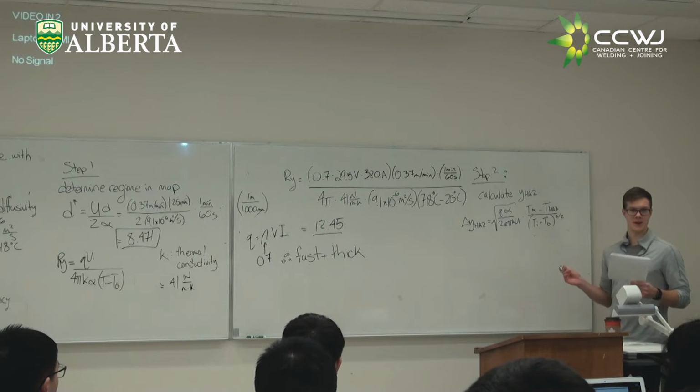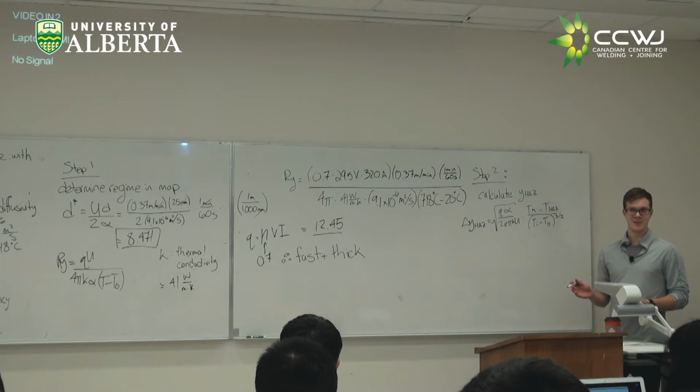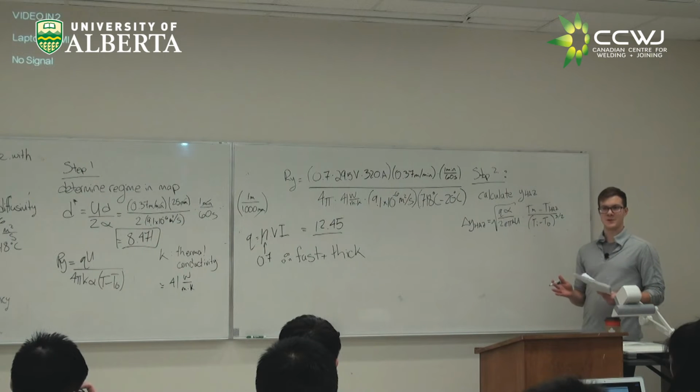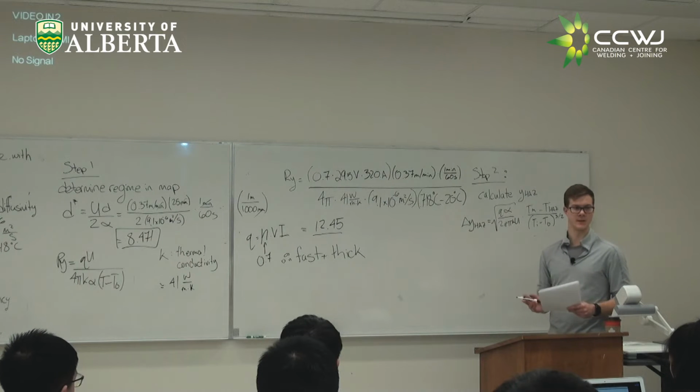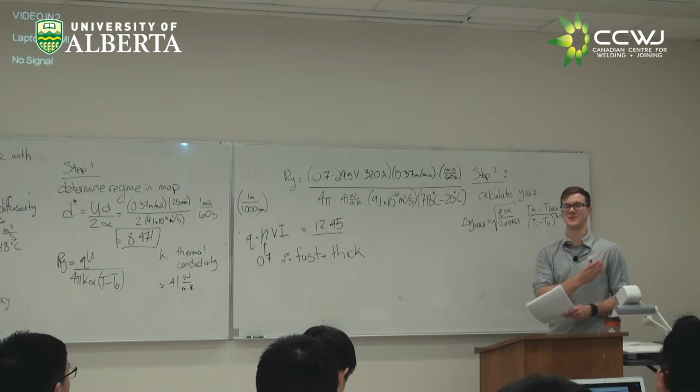Now, in practice, if you're calculating and you're right on the boundary, you realize these equations are only going to be a bit of an approximation, because if part of your heat affected zone is in one regime and part is in the other regime, it's not that the equations are going to be wrong. Regimes are still somewhat approximate. Like the line you see on the graph here, it's not that you cross that line and suddenly everything dramatically changes.